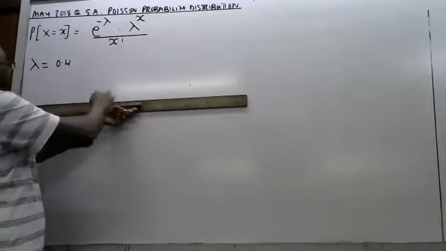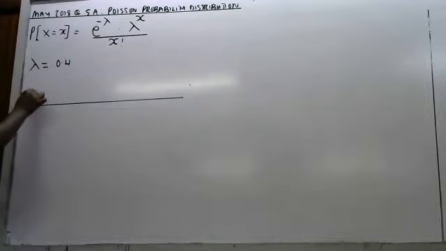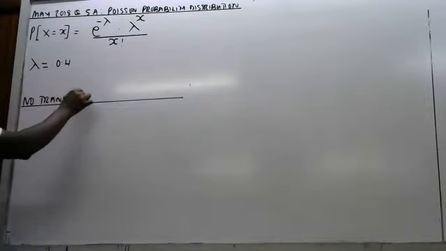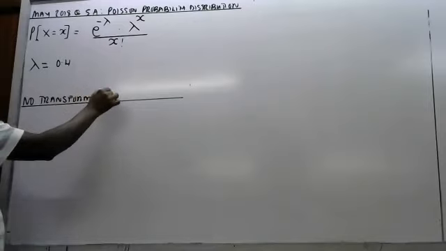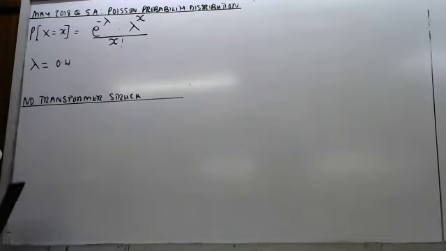So when they ask for no transformer struck, in this case x is equal to 0.